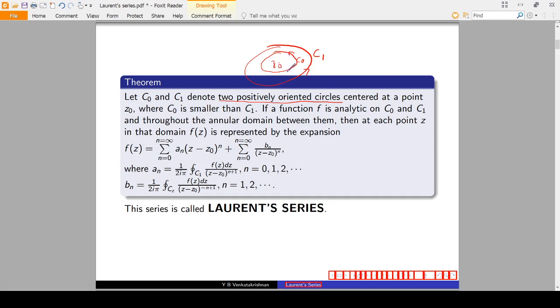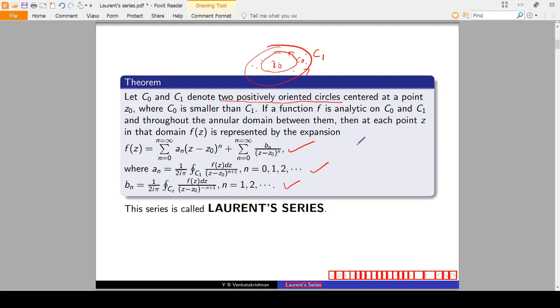And if f of z is analytic in between these two contours C0 and C1, then each point in the domain can be expressed as a power series in z minus z naught, which is given here, where the constants an and bn are given in terms of contour integrals.